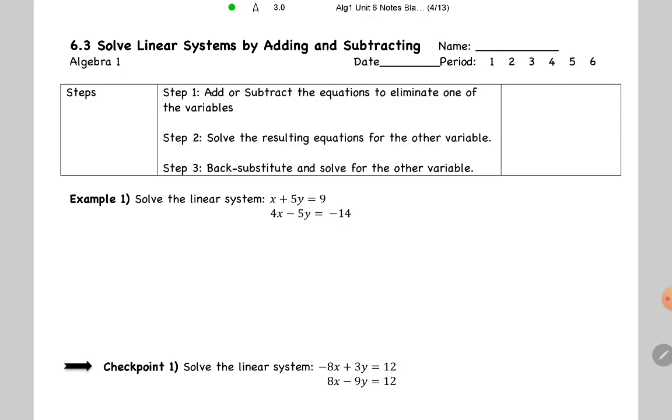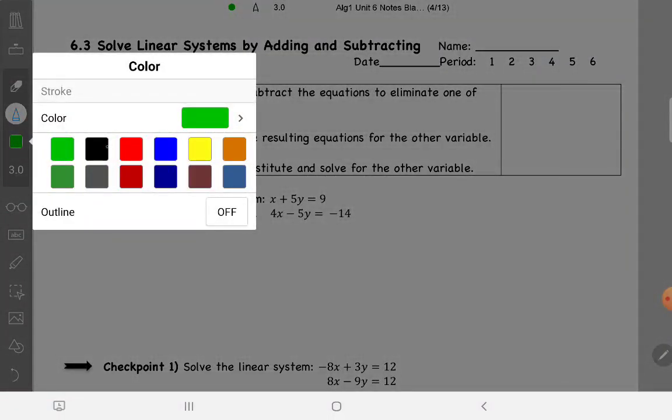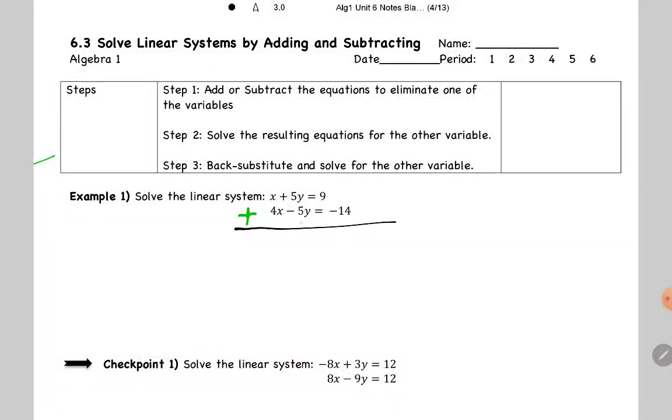So this one, we have x plus 5y equals 9, 4x minus 5y equals negative 14. If we add these two equations together, so we're adding the two equations. x plus 4x is 5x. 5y plus a negative 5y is 0, so that goes away.